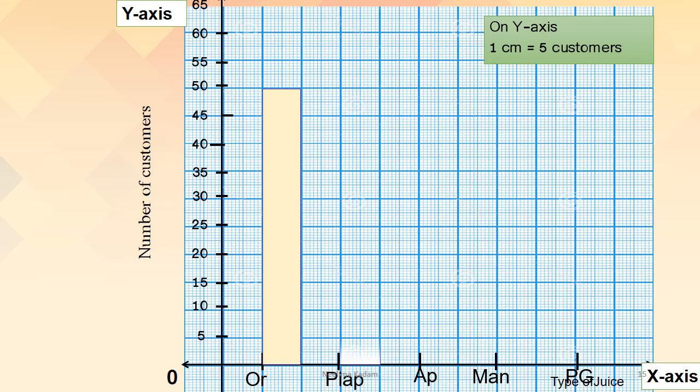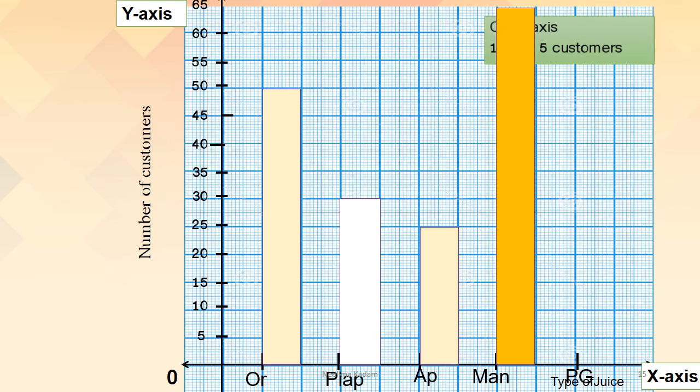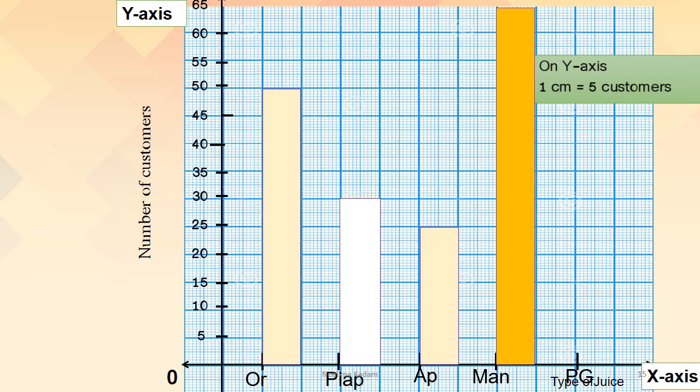Pineapple 30, up to 30 we have to draw. 1 centimeter equals 5 customers. Apple 25. See here. Mango 65. And pomegranate 10.